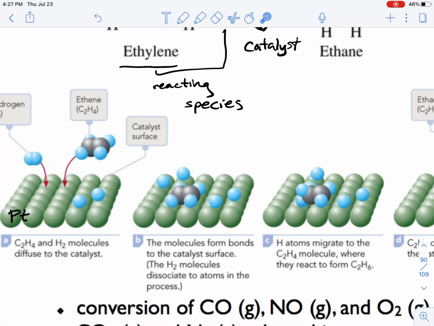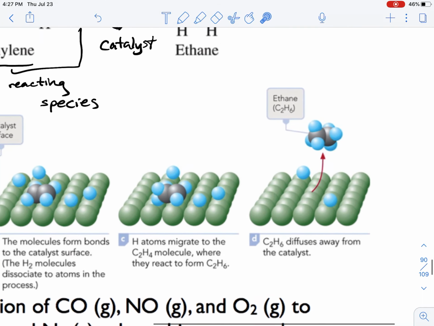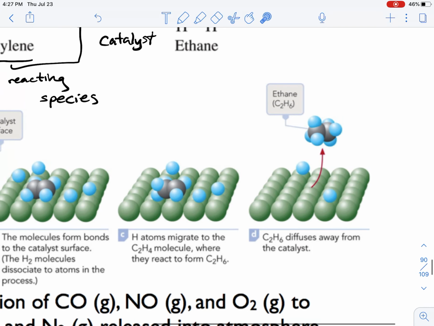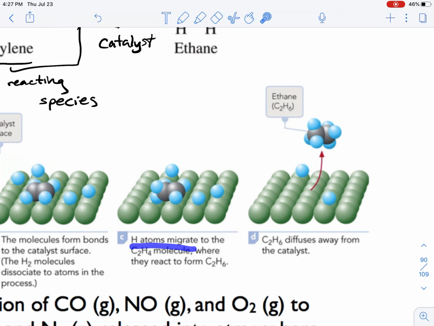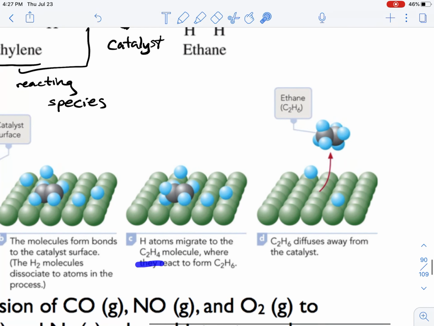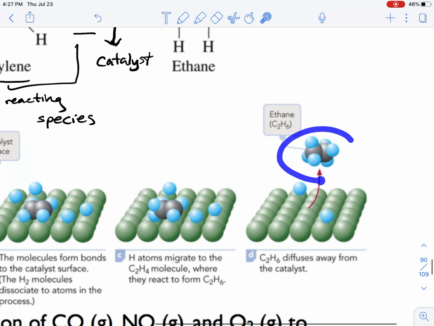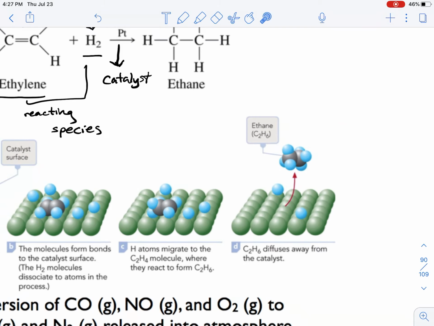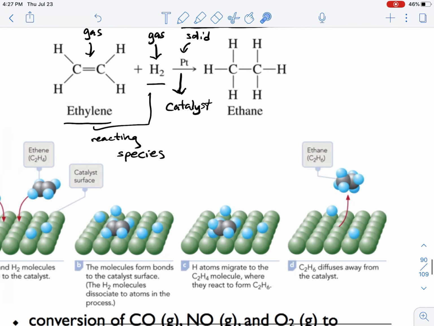That fixing of the orientation allows the activation energy to decrease. Once the hydrogen atoms migrate to ethylene, ethane is produced, and this gas molecule will take itself away from the catalyst and become its own product.